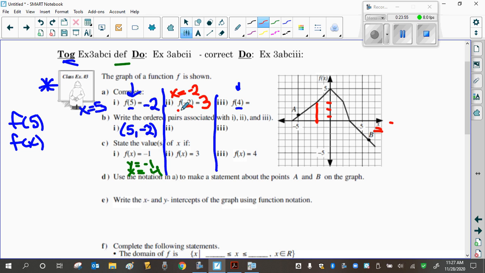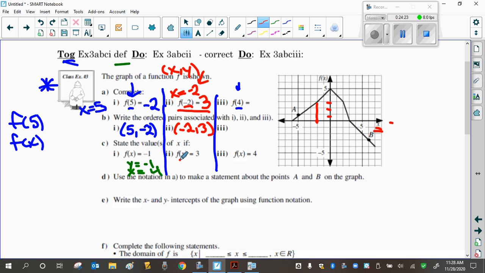It's important that you can translate f of -2 equals 3 into the point -2, 3. So x equals -2, and remember, ordered pairs always go x, y, and 3 equals the y. It's the function of x.